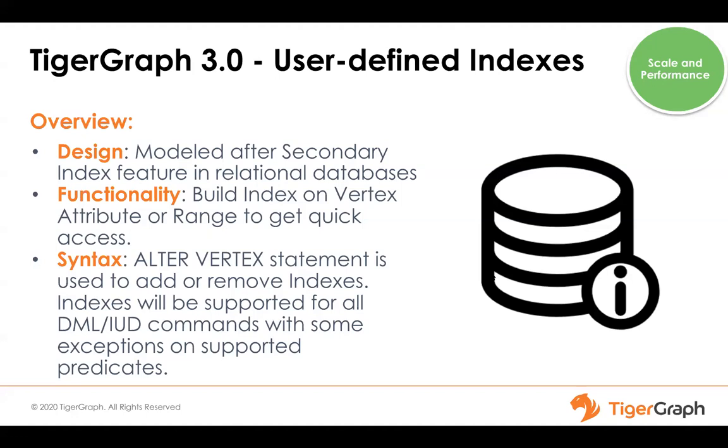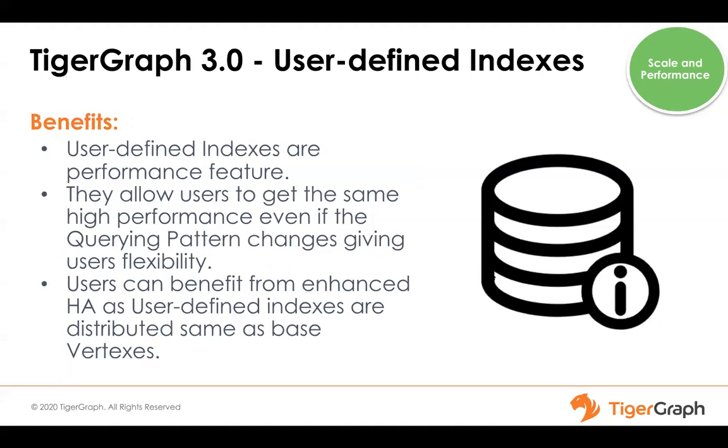The DML operations or any other operations implicitly use indexes based on the presence of an index. For example, if your predicates are on a particular attribute, the optimizer will check for indexes in there and then automatically pick the index for a performance boost. And in terms of the benefits, obviously it's a performance feature. It allows users to get high performance even when your query pattern changes.